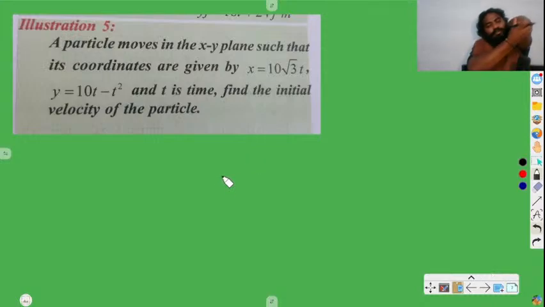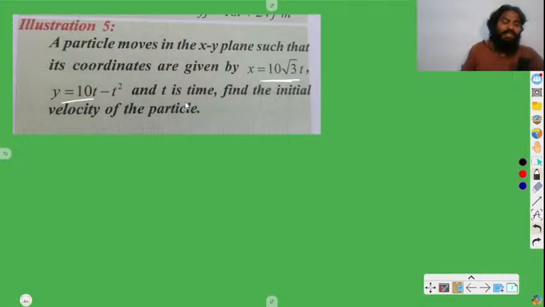In this question he is saying that a particle moves in the xy plane such that its coordinates are given by, they have given coordinates. What is that? X they gave 10 root 3 into t, okay? And y coordinate they have given 10t minus t square, and t is time.